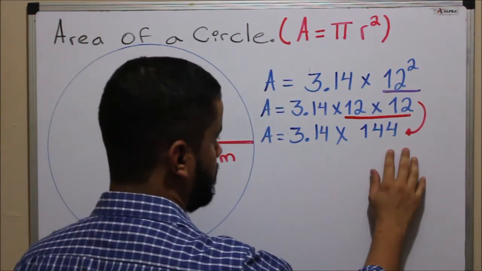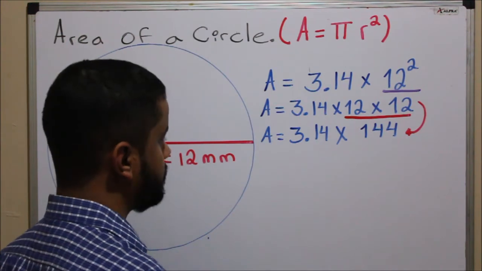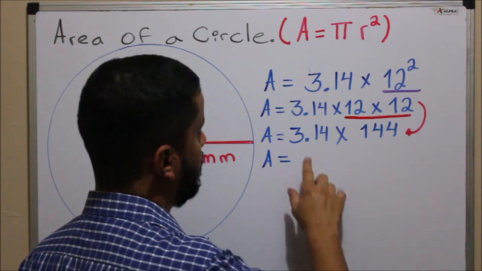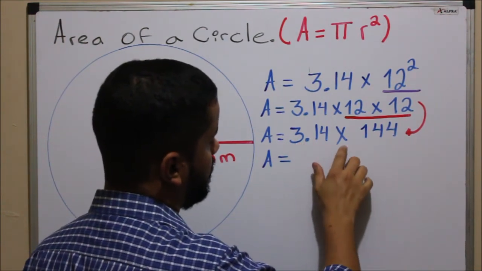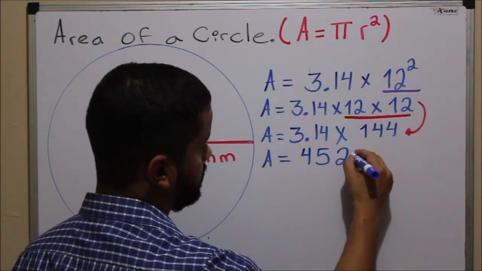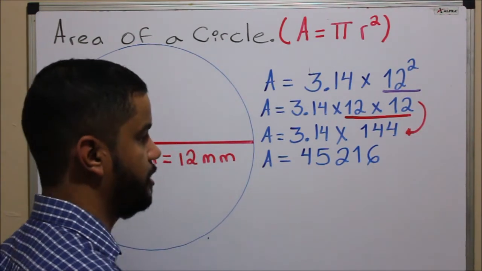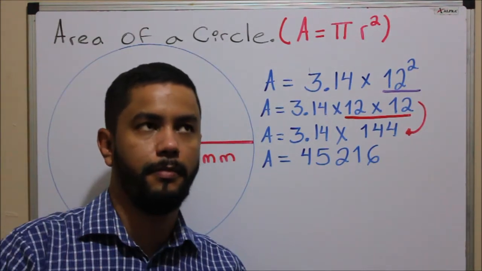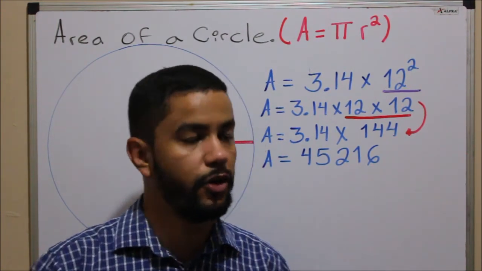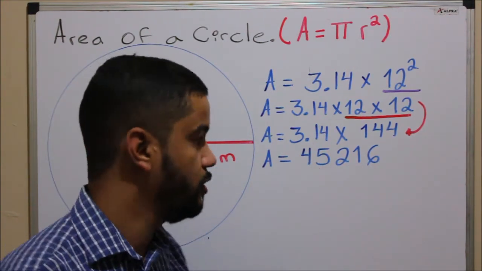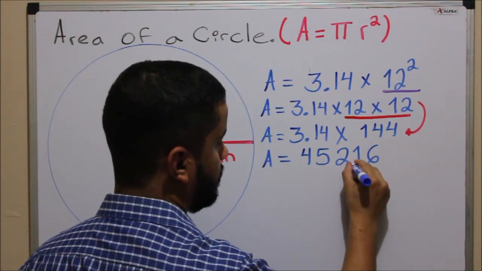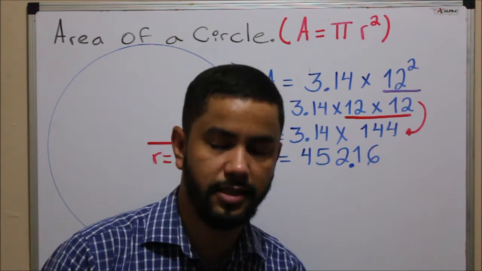Now we have that expression, and we're going to multiply it. So area will be equal to 3.14 times 144. But how many decimals do we have in our pi? We have 2 decimals, so we count 1, 2, and place our decimal point there.